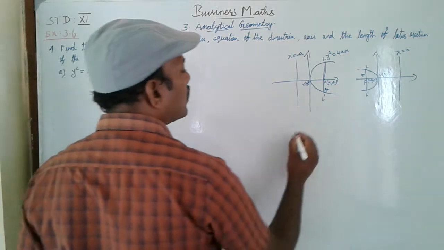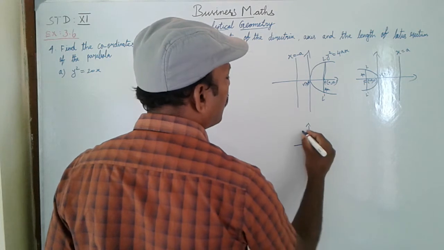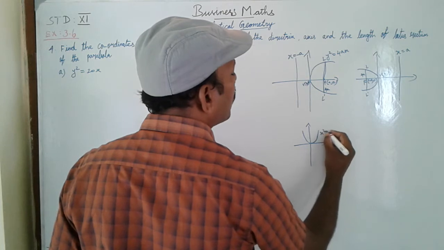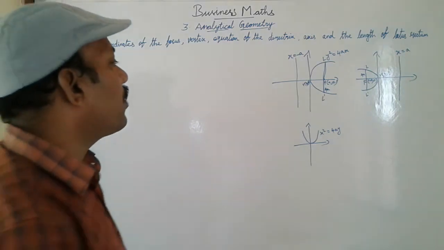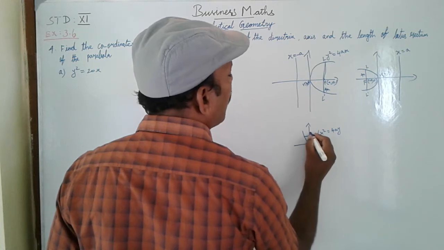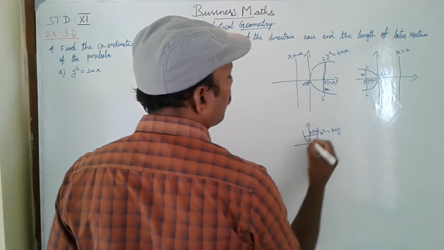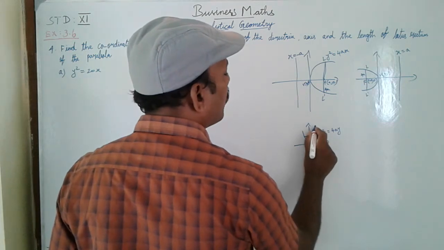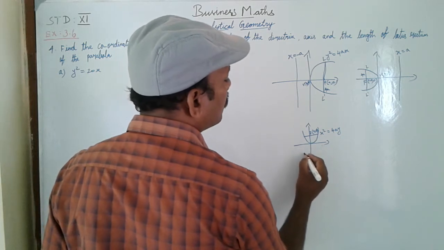Next, another one is open upward. The equation is x square equal to 4ay, the formula. Its focus is F of 0 comma a.